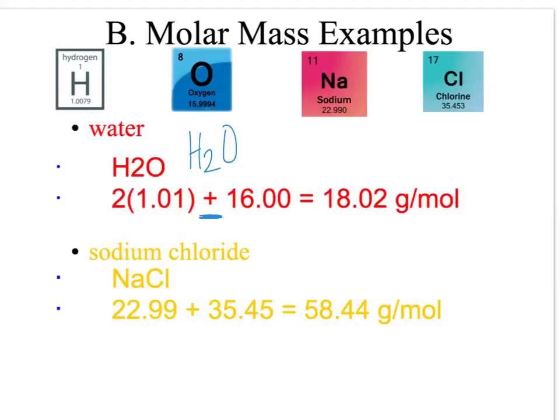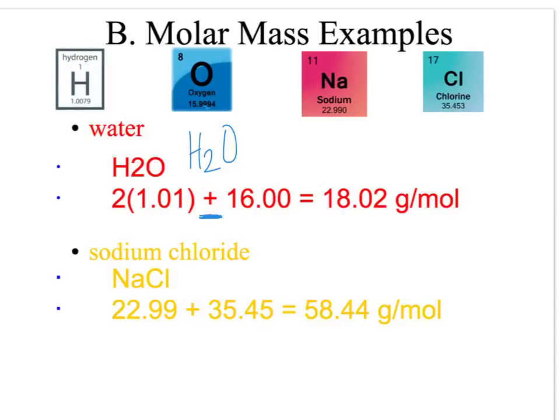So I'm looking at that last decimal place right there, and if you see, there's a 9 that comes behind it, so we'll actually round that to 16. And then when I add those together, you get 18.02, which is the molar mass of water. And I promise you by the end of the year, or actually probably fairly quickly, you will have that number for water memorized because we use it so much.